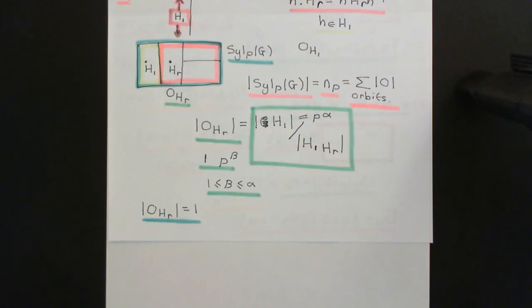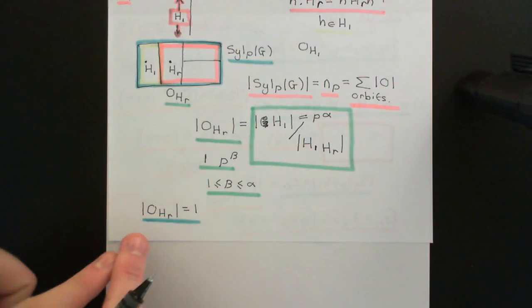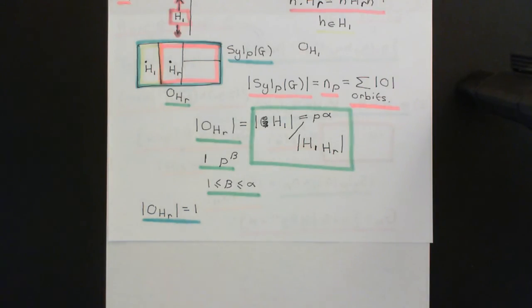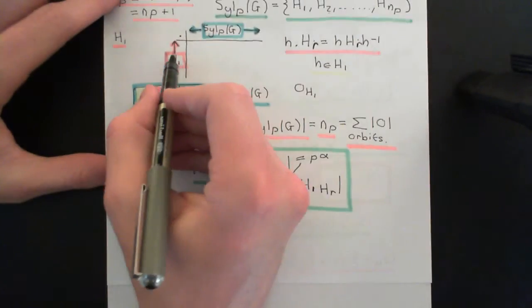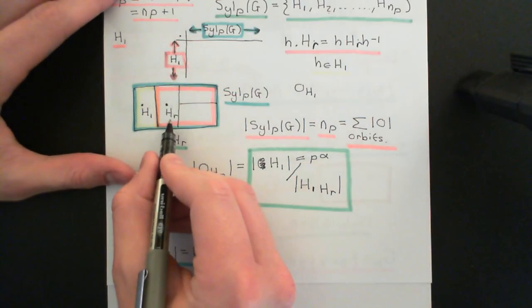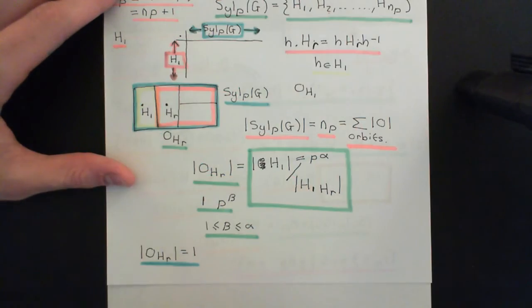So how are we going to do that then? Well, let's instantly think about what this actually means. If this Sylow p subgroup, capital HR, is in an orbit on its own, then that means that when I act the elements of the Sylow p subgroup capital H1 on capital HR, they do nothing. They're effectless.